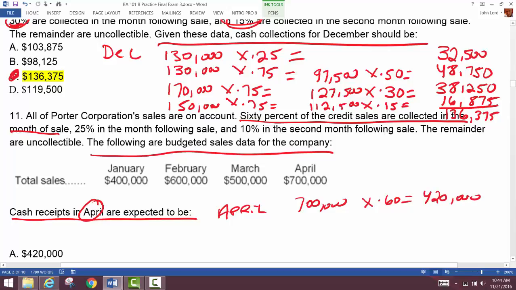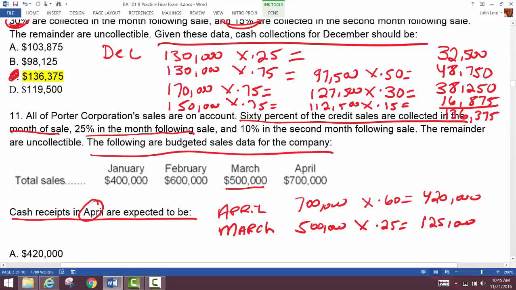And then they tell me 25% in the month following the sale. So April follows March. So I pick up the March sales, 500,000, and I'm supposed to get 25% of that in April. So 500,000 times 0.25 gives me 125,000.